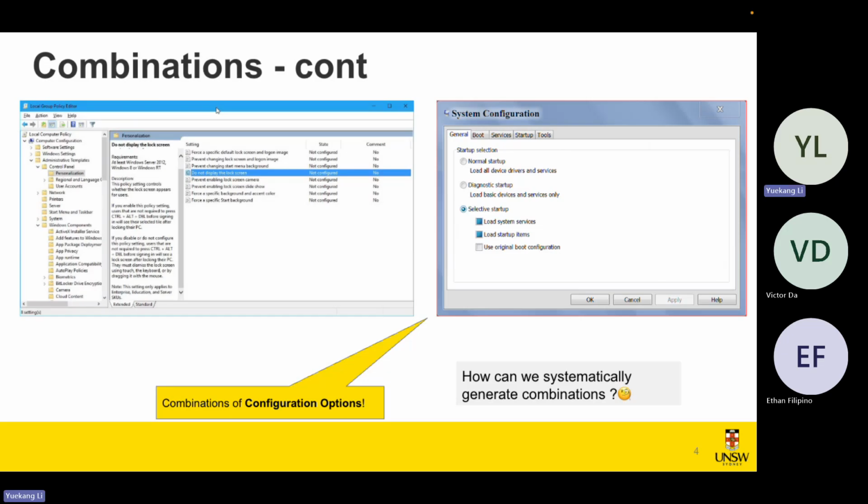And the thing here is, because we have different sources for combinations, and so many different types of combinations, how can we systematically generate different combinations to trigger the different behaviors of the software we are testing?